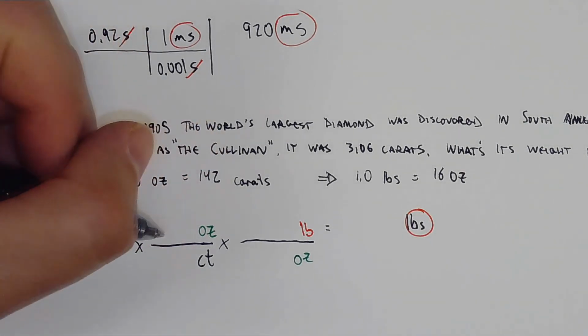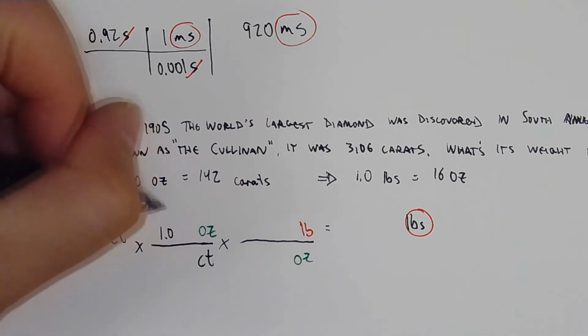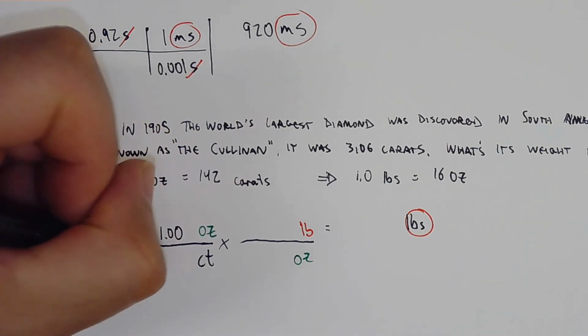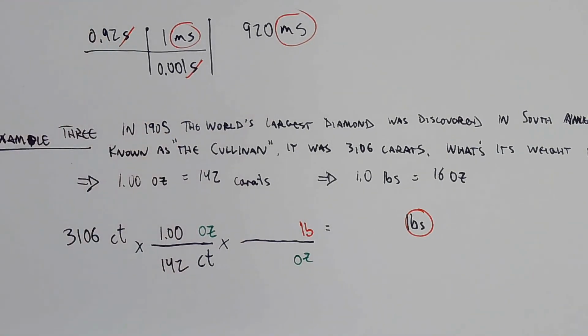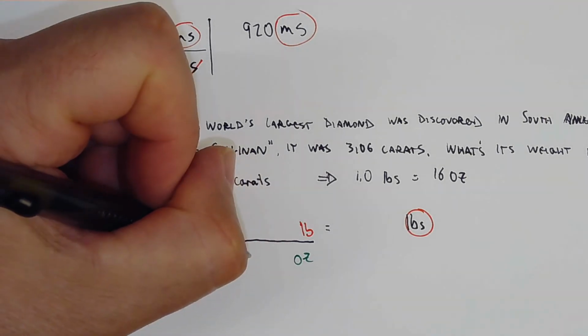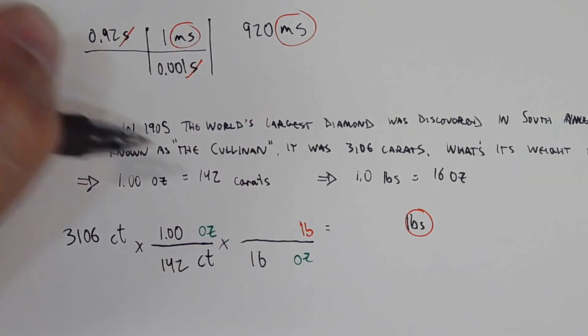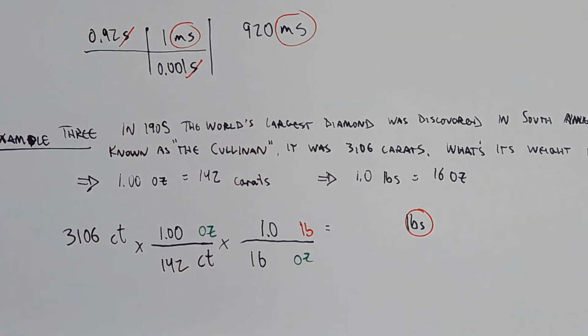So we know that 1 ounce is 142 carats. And 16 ounces is 1 pound. Okay, and then when we set that up, we multiply by things on top and divide by things on the bottom.